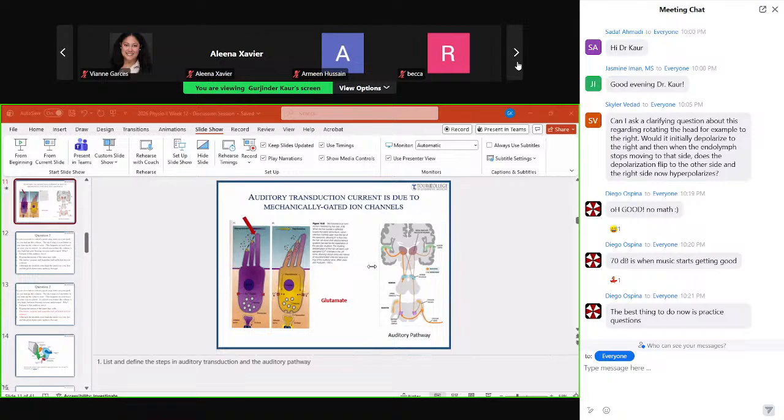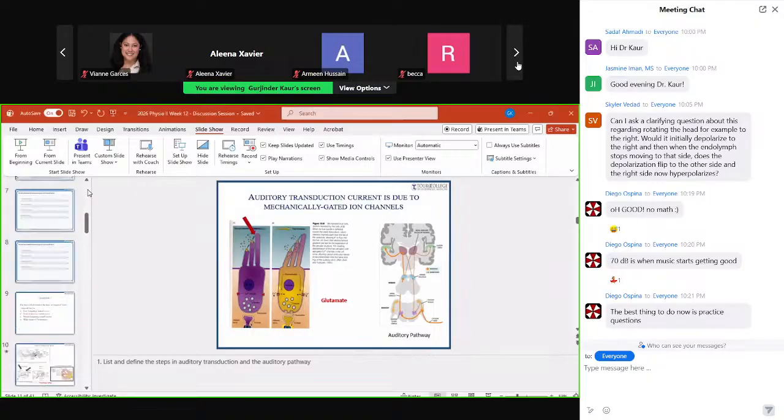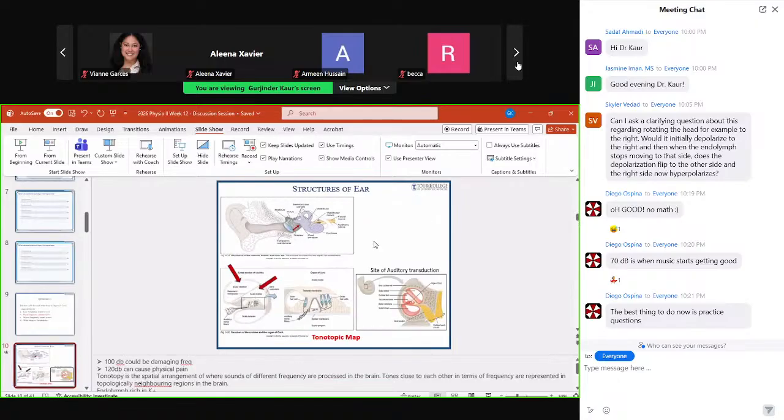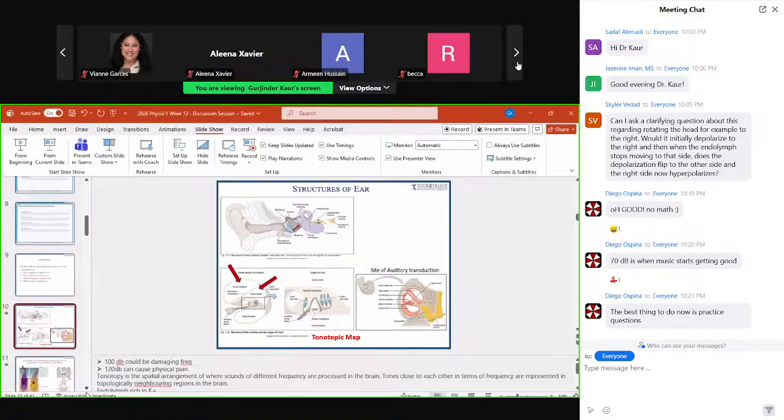So if you are moving your head to the right, let me go to the figure and I will explain. Somebody came to my office today and I described it to them. Give me one second.